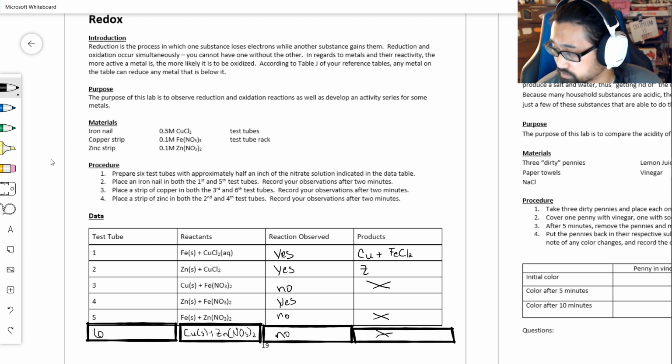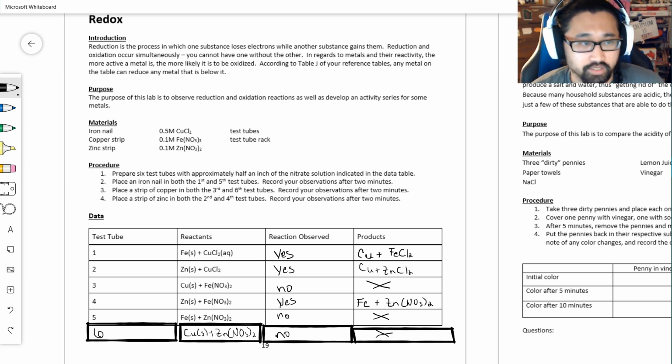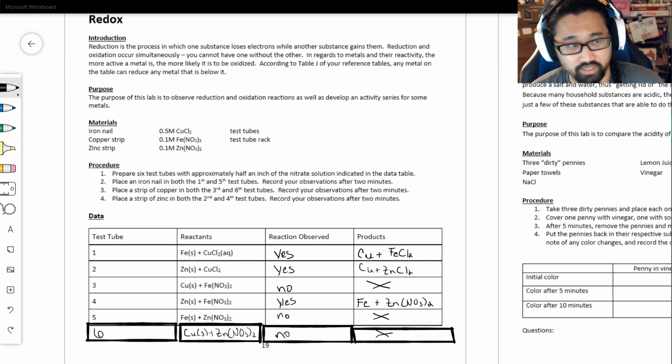Here, for the second one, it was going to be copper and zinc chloride. And for reaction 4, it was going to be iron and zinc nitrate. So yeah, that's what those look like. That was the data from the lab.